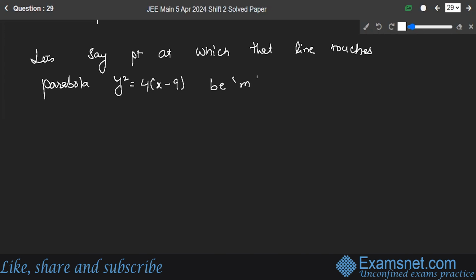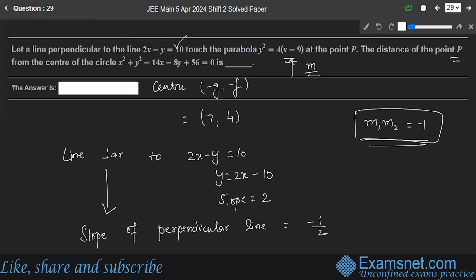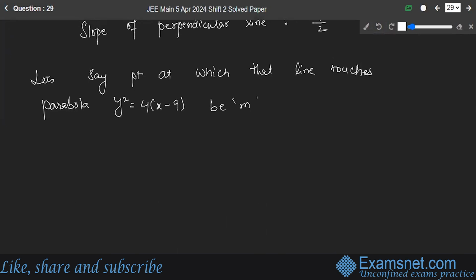So the point where this line is touching this parabola, suppose this is the line, and let it be any parabola, y square is equal to this. Let it be like this parabola, and this line is touching the parabola at this point. So at this point, the slope of the line and the parabola will be the same. So that means this m is equal to minus 1 by 2, right?